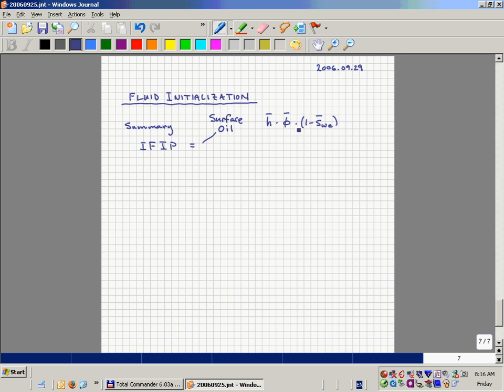This gives us, we have some kind of an average area. I'll write this a little bit different here. The term here is what we refer to as the reservoir pore volume.